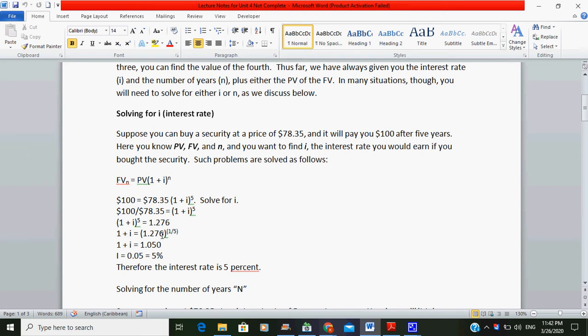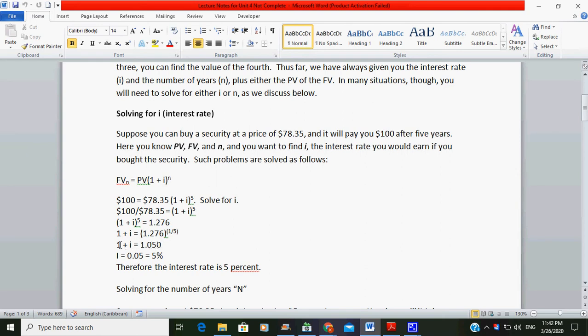First thing you have to do, divide 1 by 5, and you get 0.2. Then you raise 1.276 to 0.2, and you get 1.049, which rounds to 1.050. Then you have 1 plus I equals 1.050.